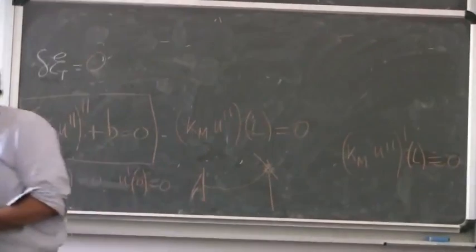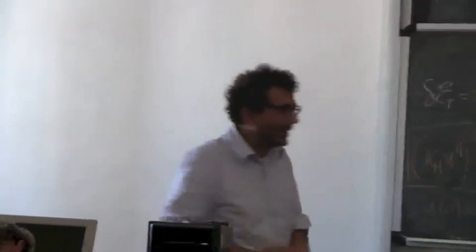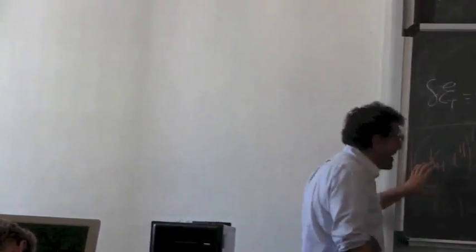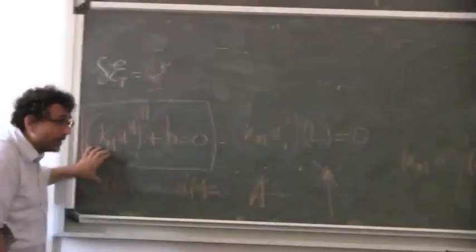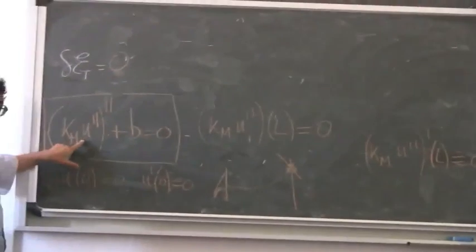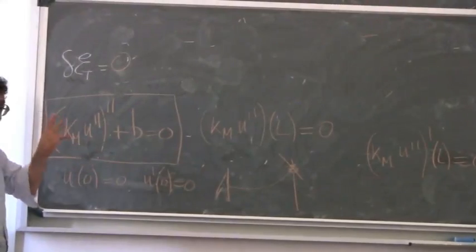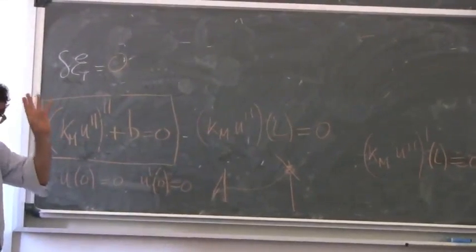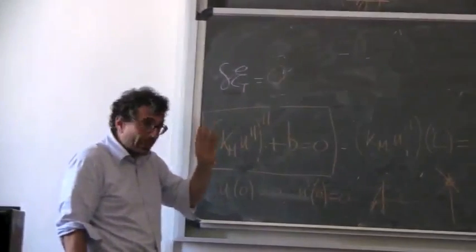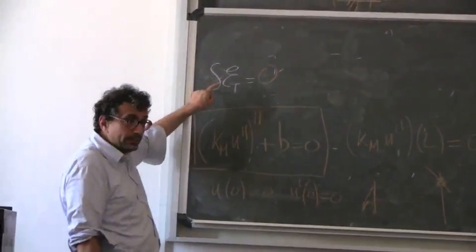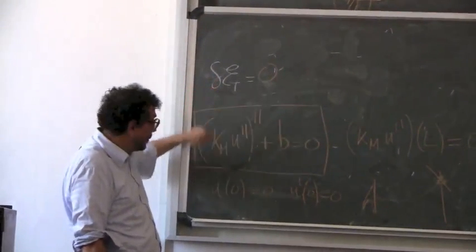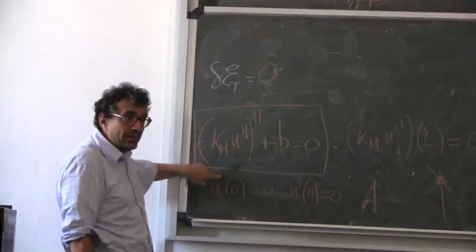I have, my dear friends, a very bad news for you. If the function u is derivable 4 times, being minimum is equivalent to verifying this condition.